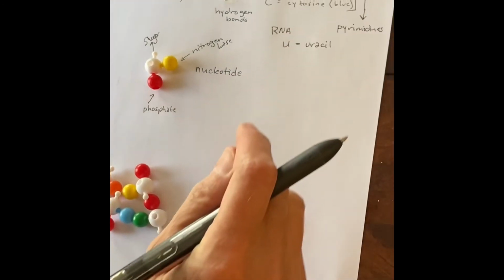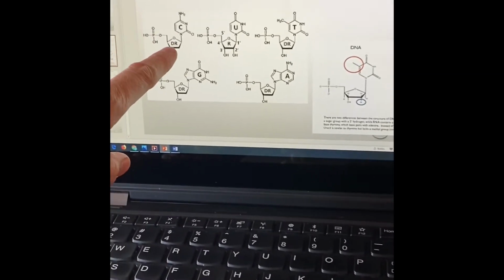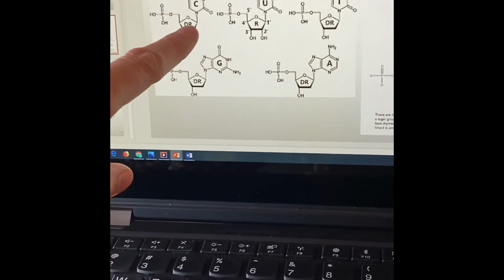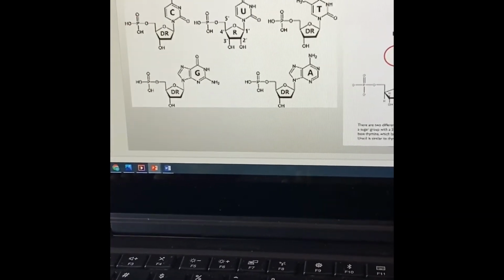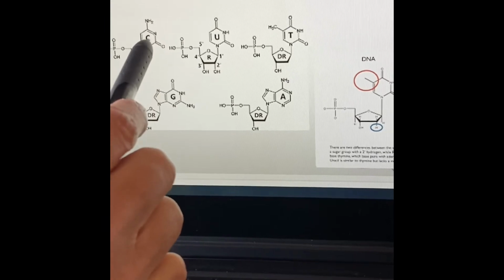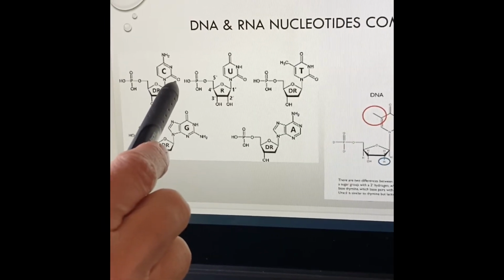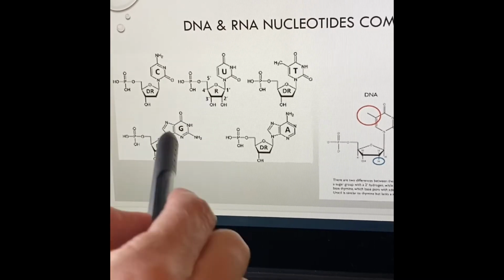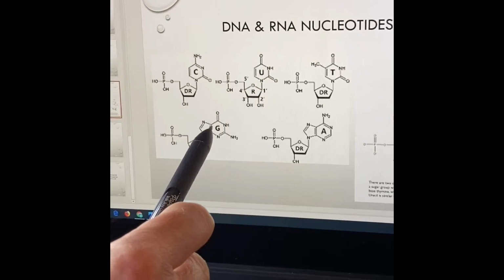So if you could look up here at my screen, I have the 4 nucleotides here. This is DR for deoxyribose, for DNA, and the phosphate group. And then this is the carbon chain, the C, the carbon chain for cytosine. And this also is a deoxyribose with a guanine.